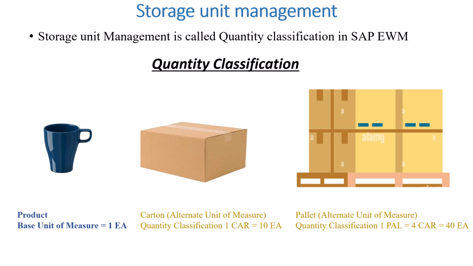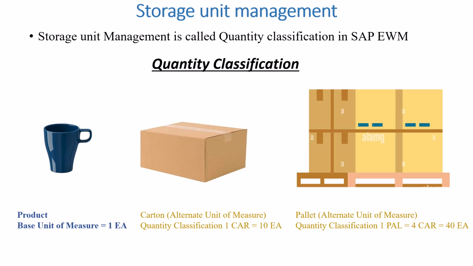When you put the cups into a carton box, that carton box can accommodate only 10 cups. So there is one more unit of measure, an alternate unit of measure. One each is the base unit of measure, but one carton is the alternate unit of measure.